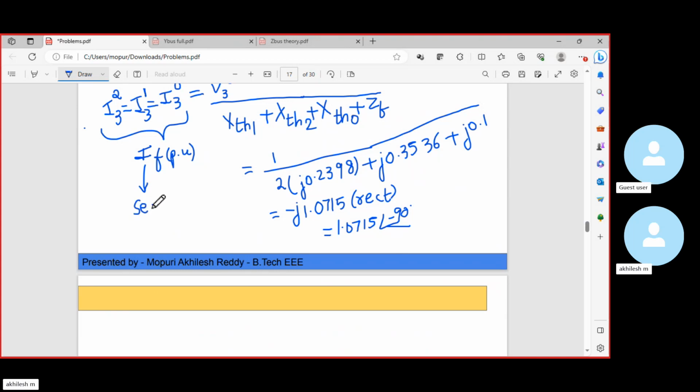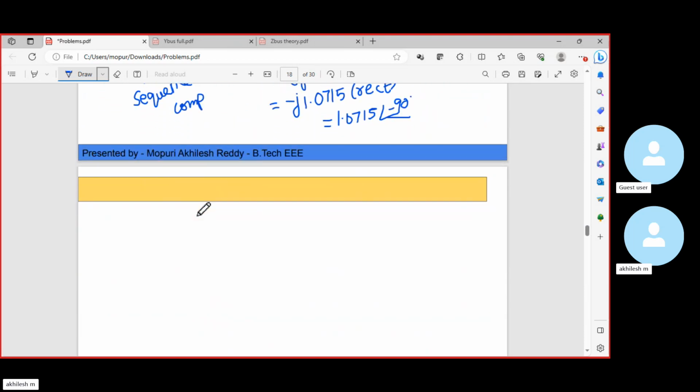But what we need to find out is the fault current in each phase. What we got here is the sequence components of fault current. Now we need to find the phase components of fault current I3, that is, in A phase, what amount of fault current flows.